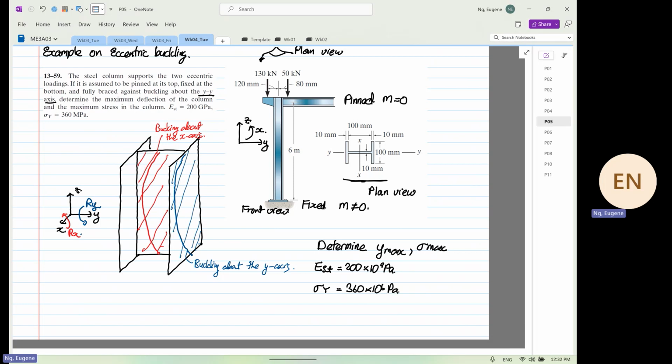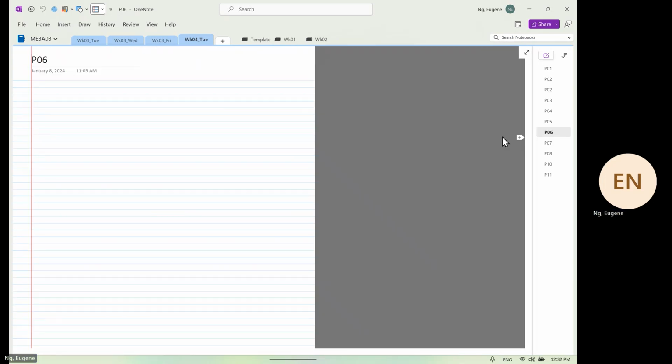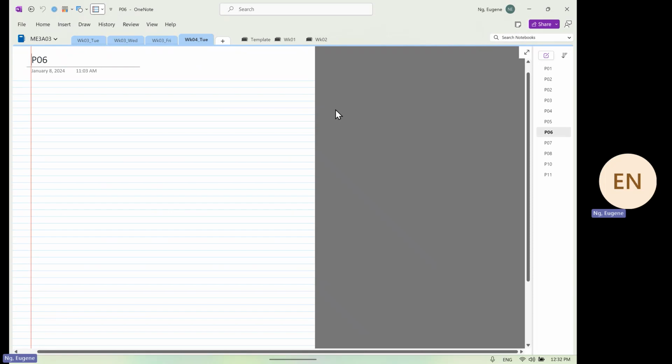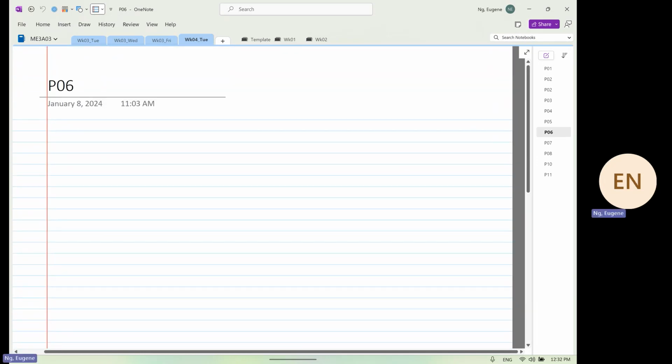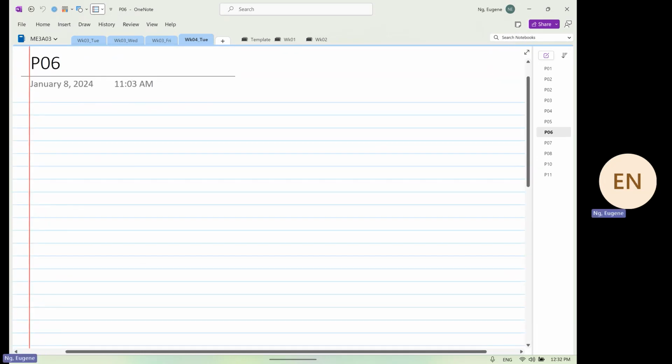So this is the information that is given. The formula that we are going to use, and this formula will be provided, is stress max.